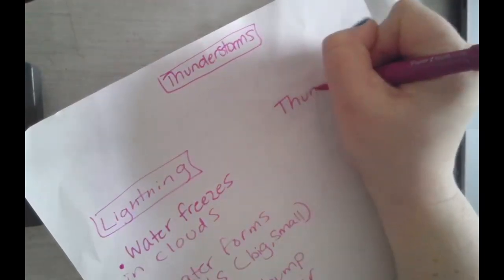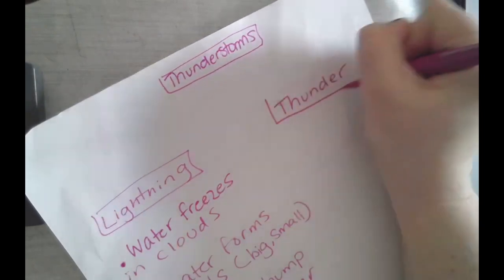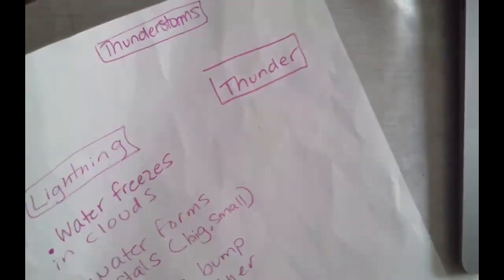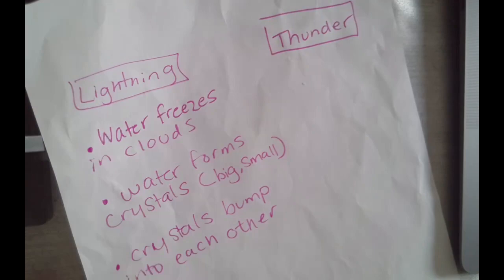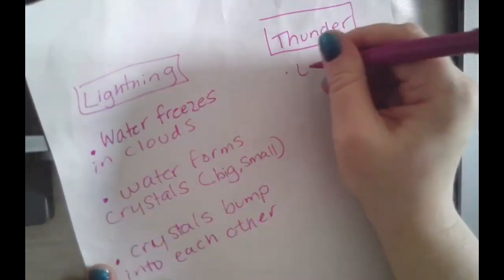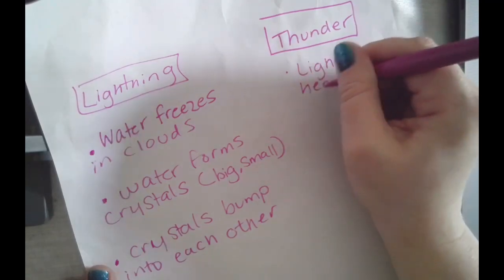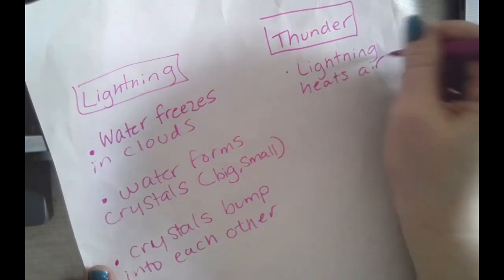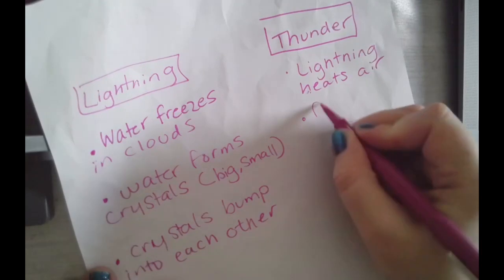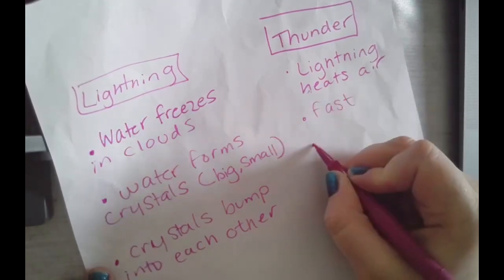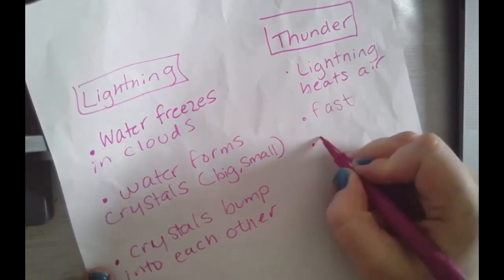So we do have another topic, thunder, because in our thunderstorms we have lightning, but we also have thunder, and I feel like that should go in a big box there. And the thunder is creating lightning heats air. Okay. It's fast. And there's a big temperature change.